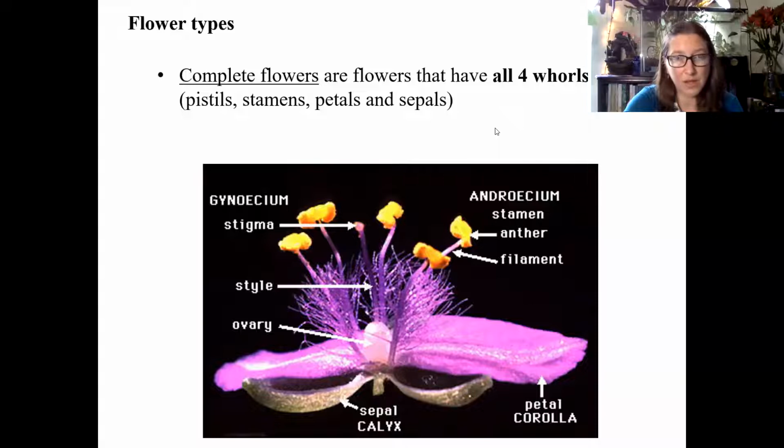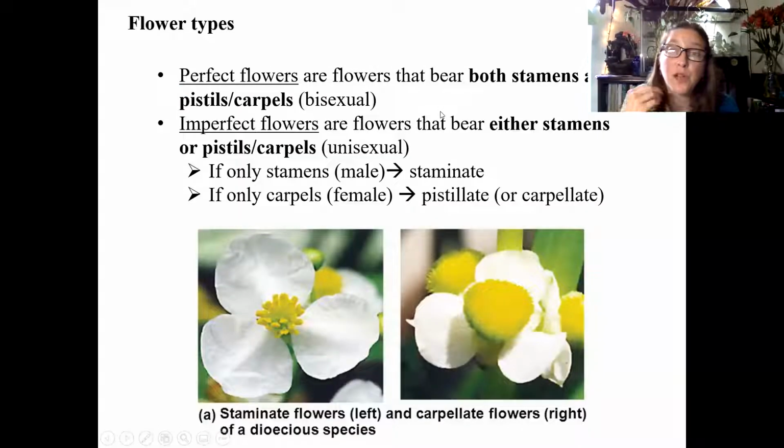And if you think about it, it's kind of like by default, if you're a complete flower, it means you have all 4 whorls. So every complete flower is going to be perfect because they have to have both sex structures, right, in order to have all 4 whorls. If you're imperfect, it means you're missing either the stamens or the pistil/carpels.